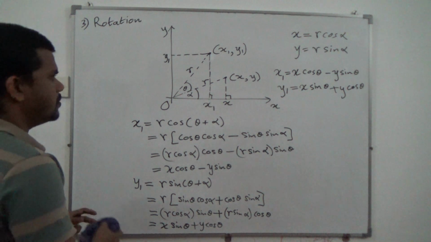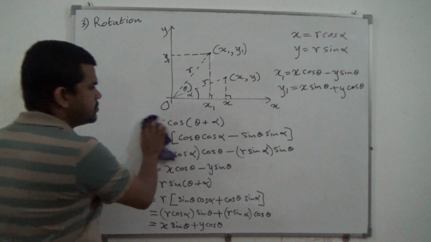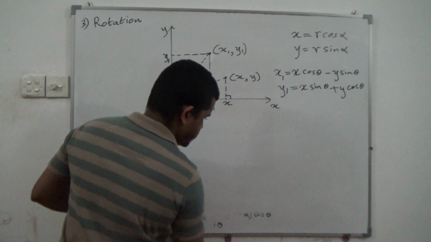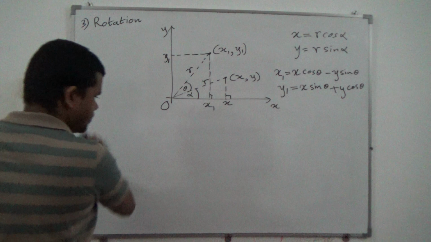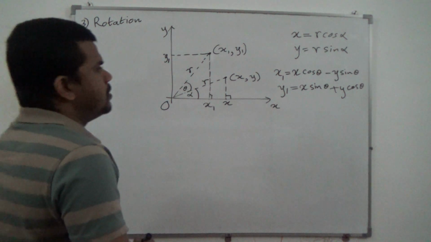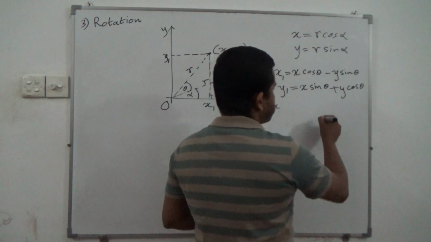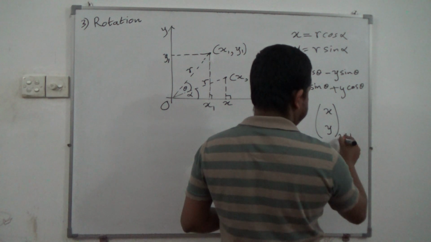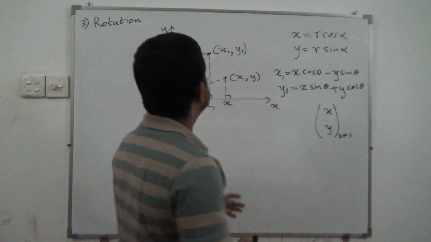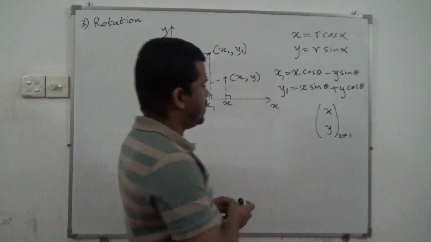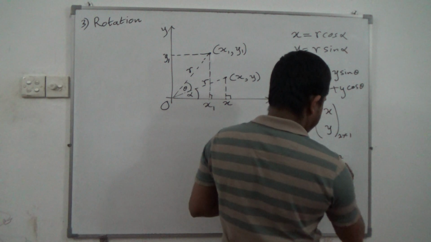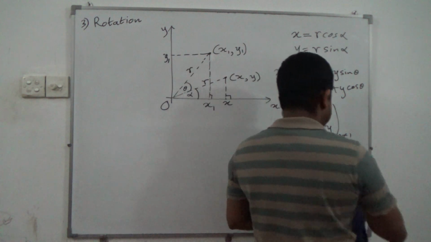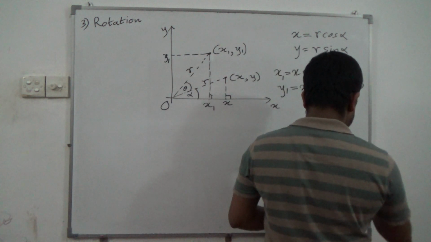Now we have the 2 cross 1 coordinates of this point, x1 y1, 2 cross 1.